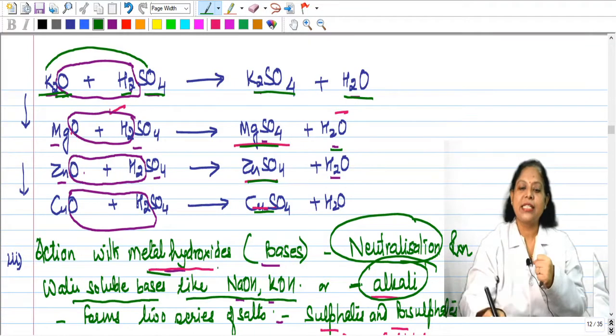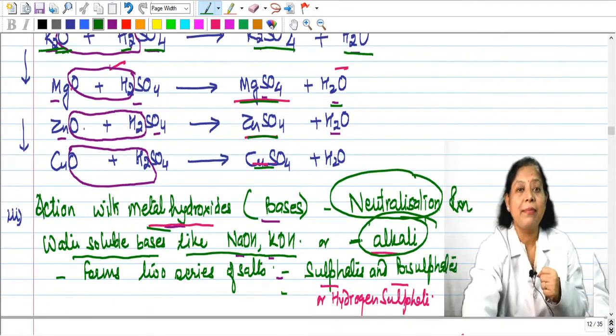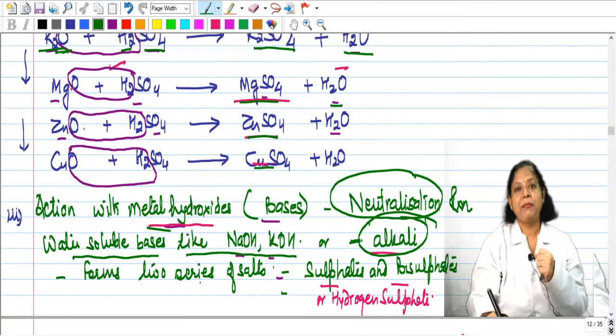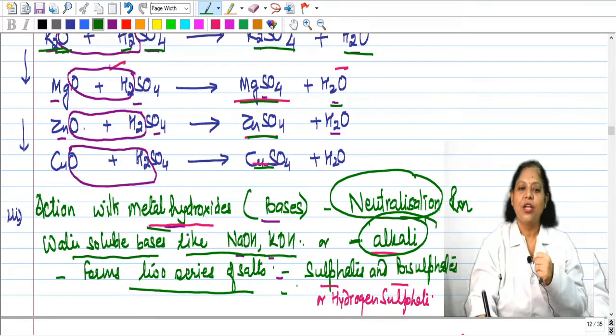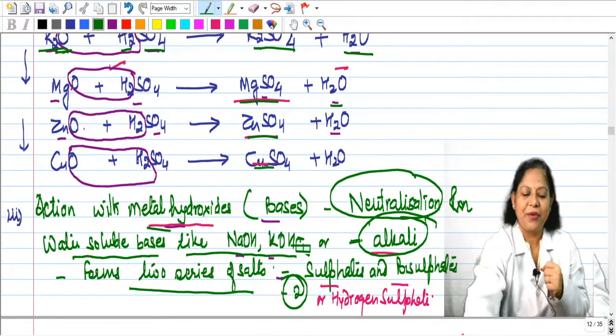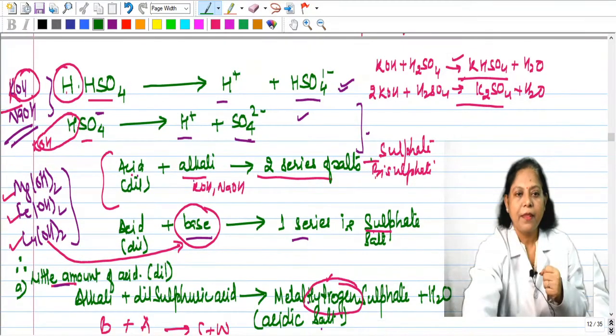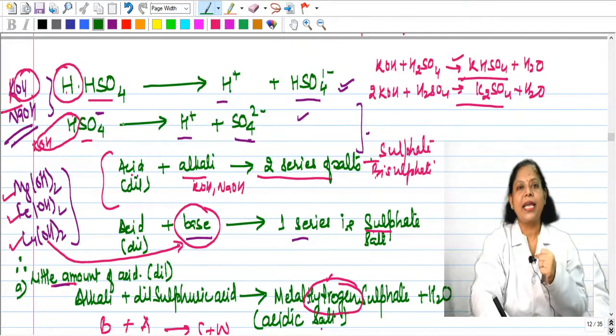Now when you take sulfuric acid, it is a dibasic acid. Remember children, it forms two series of salt, sulfate salt and hydrogen sulfate salt. So when we combine sulfuric acid with any hydroxide, you are going to get sulfate or hydrogen sulfate.